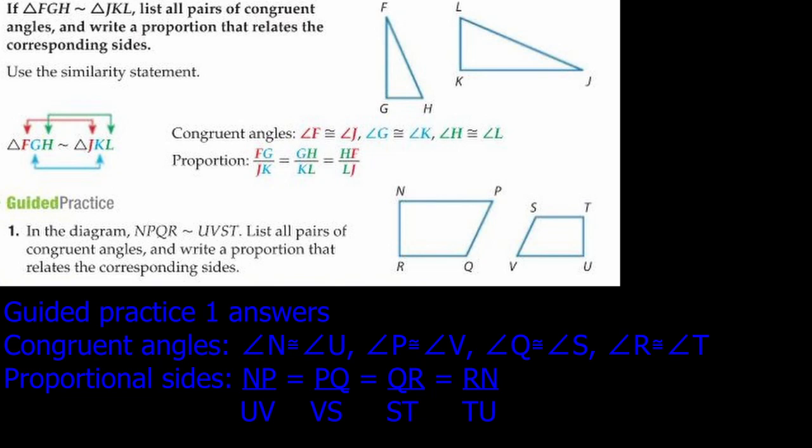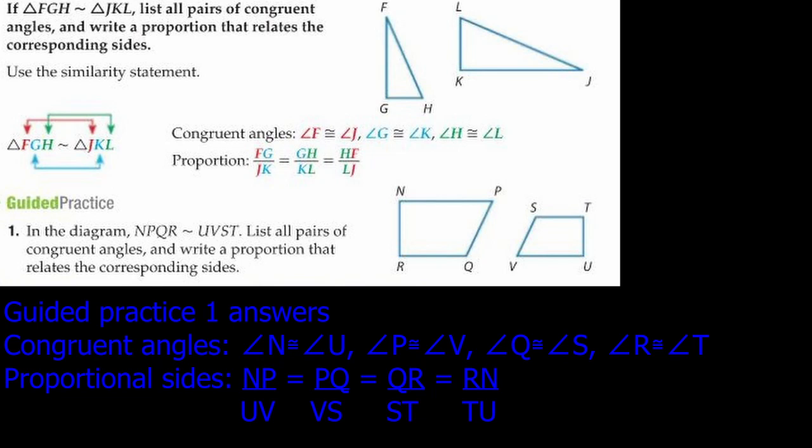Those are congruent angles. We know they're congruent because it says up here that the figures are similar. Remember, that's what the little tilde means. And similar figures have congruent angles. They have proportional sides. So again, just like in the first slide, FG are the first two letters.